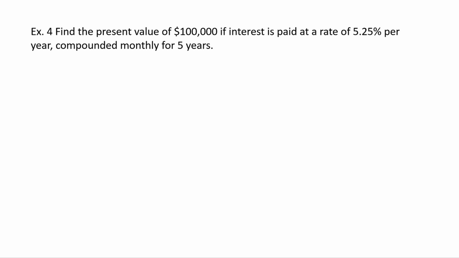So let's begin with the compound interest formula, which is A equals P times 1 plus r over n to the nt. Then let's identify the parts.